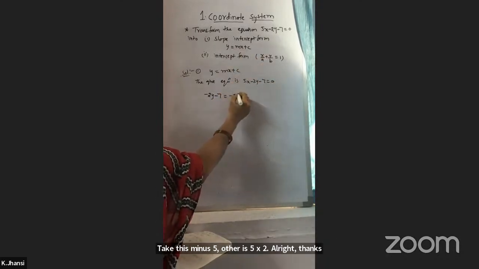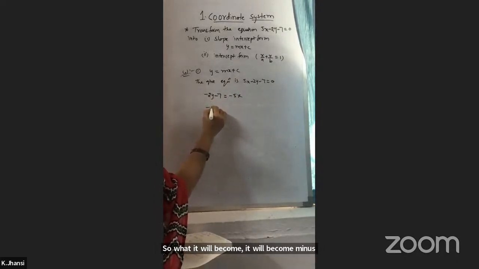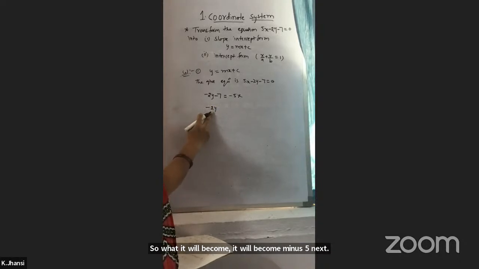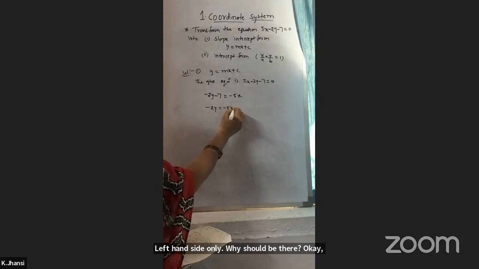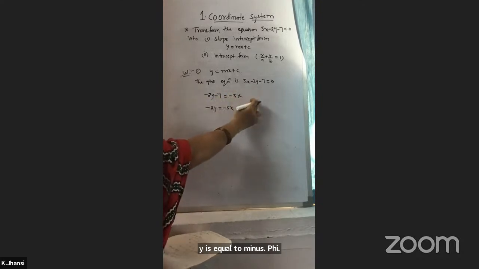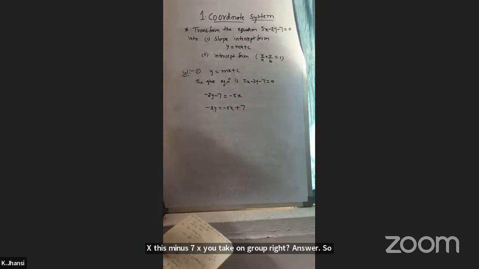So what will it become? It will become minus 5x. On the left hand side only y should be there. Minus 2y equals minus 5x. This minus 7 you take onto the right hand side, so minus will become plus. And we need only y.